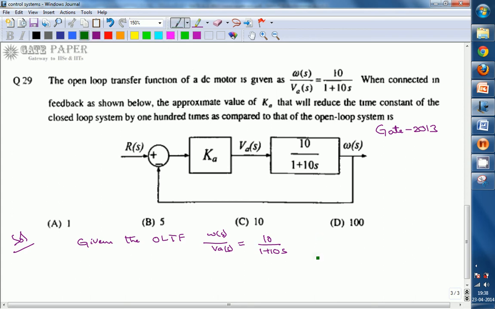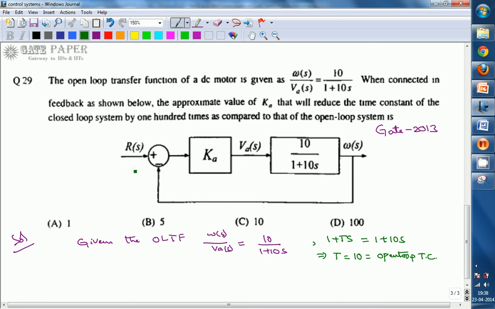We know that the characteristic equation, the denominator, is 1 plus TS, and that is given as 1 plus 10S here. So we can write that T equals 10. The time constant is equal to 10. This is nothing but the open loop time constant.